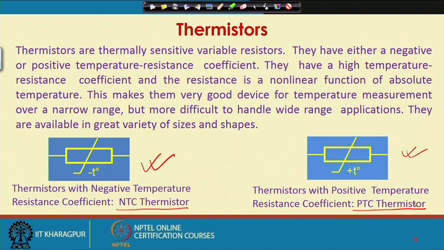Note that the difference lies here, minus T degree and plus T degree. Plus T degree stands for PTC thermistor or positive temperature resistance coefficient thermistor, and minus T degree stands for negative temperature resistance coefficient thermistor or NTC thermistor.